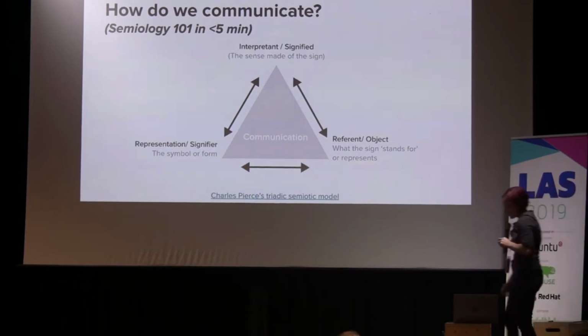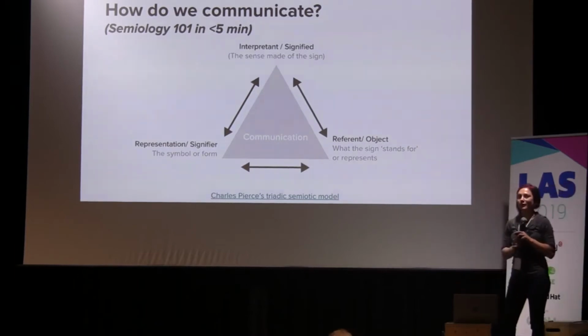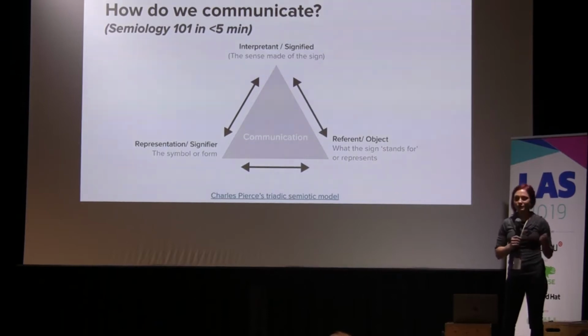So that is where it becomes very important to understand who your users are, what their contexts are, what the contexts are that they're going to be coming across your software, and what is their base set of experiences in which they understand things.